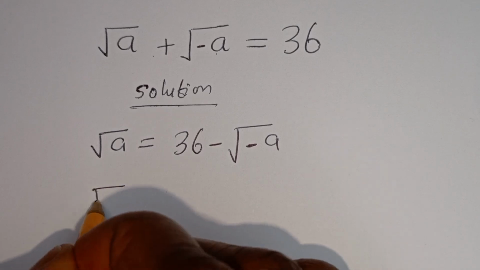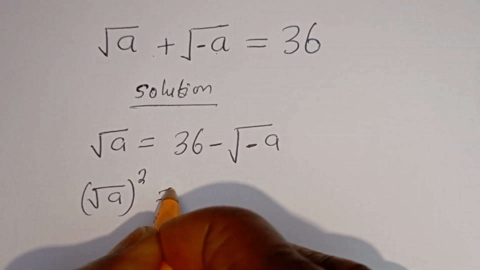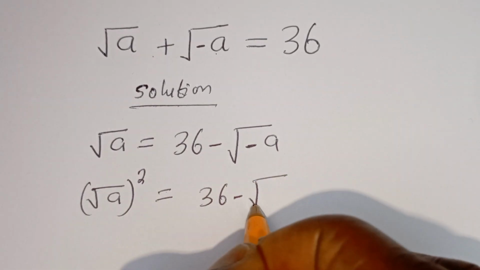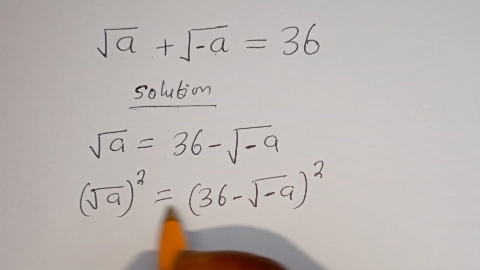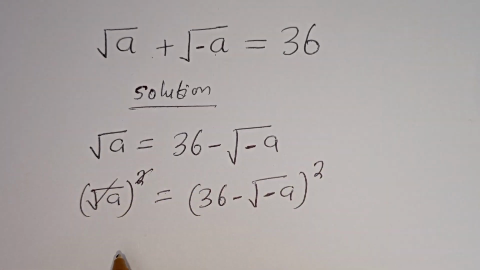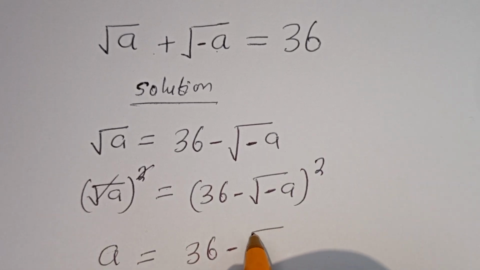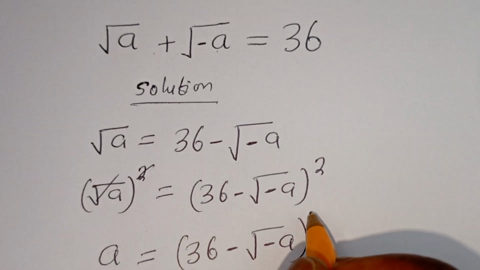This is square root of a all squared is equal to 36 minus square root of minus a all squared. This will cancel this. A is equal to 36 minus square root of minus a all squared.